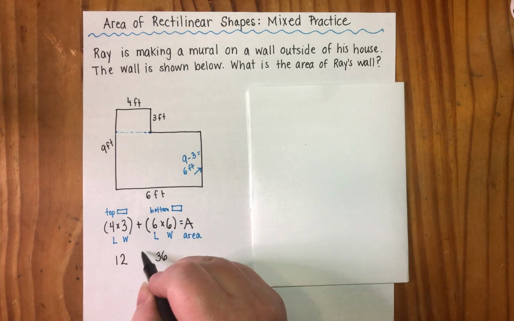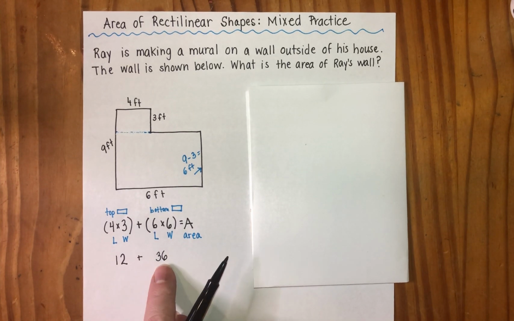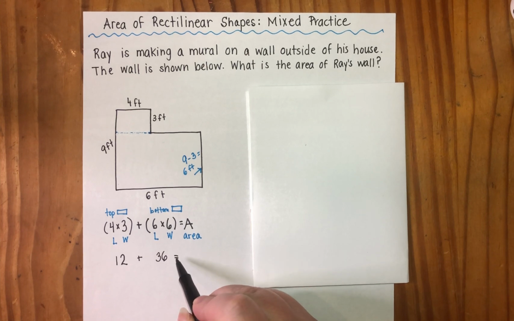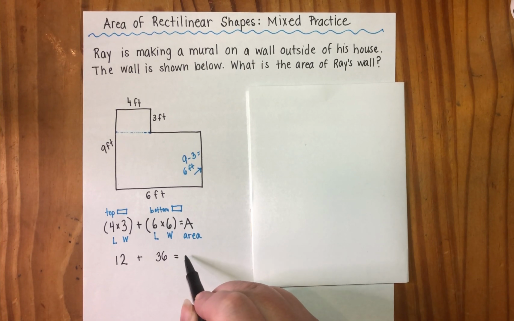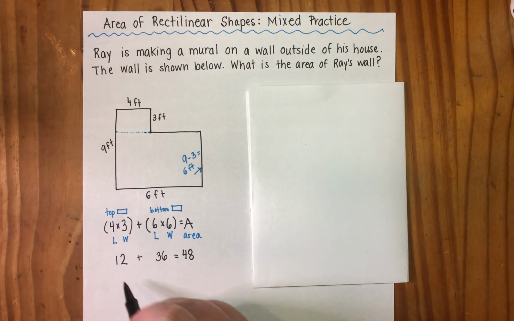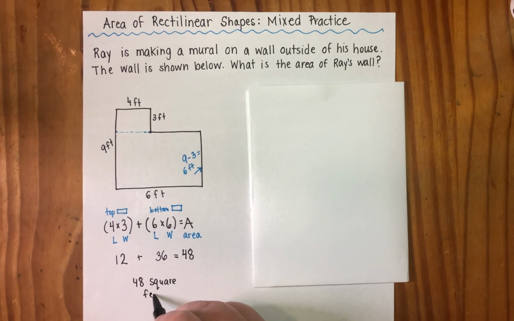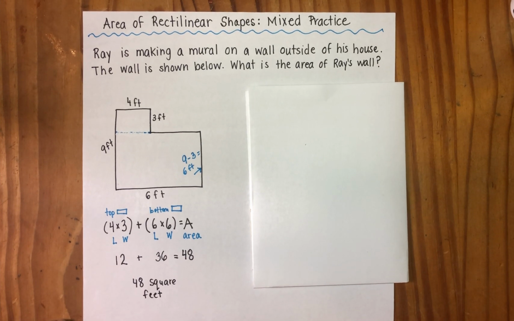Finally, we can add the two areas together. 12 plus 36 equals, yes, 48. So the area of the shape is 48 square feet. Nice work.